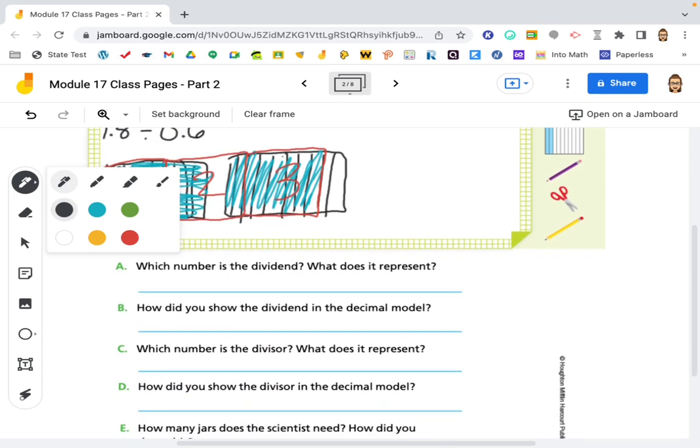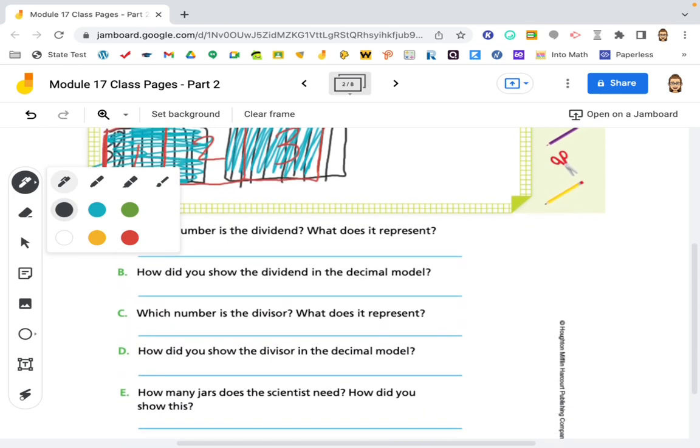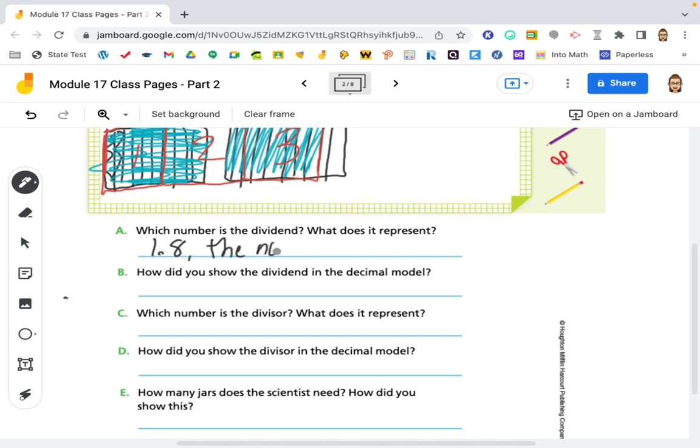So it says, which number is the dividend and what does it represent? Well, the number we are dividing is 1 8/10, and it represents the number of liters of water in the container.